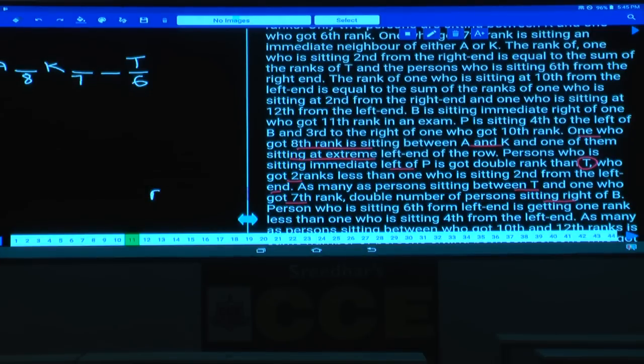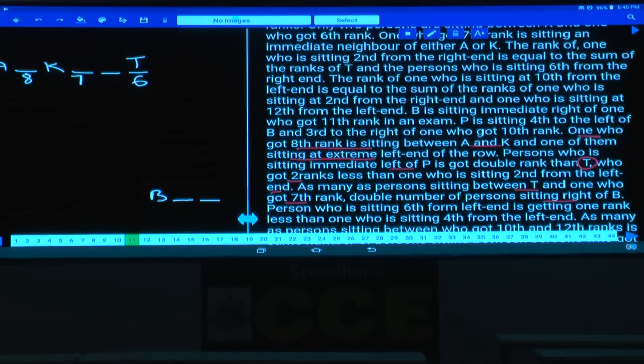Hence B is the 3rd person from the right hand. Are you agreeing with this one or not? Because now in between the 7th ranker and T, the number of persons is 1. To the right hand side of B, the number of persons must be double that, isn't it? Hence to the right hand side of B, we should have only 2 persons. Then right hand side of B, we got this one.